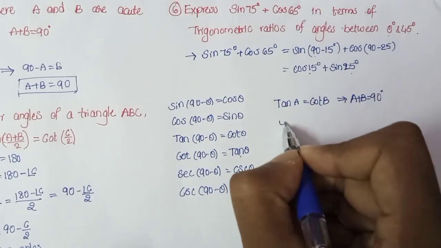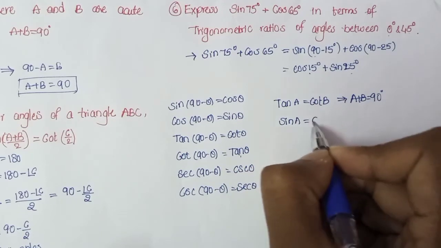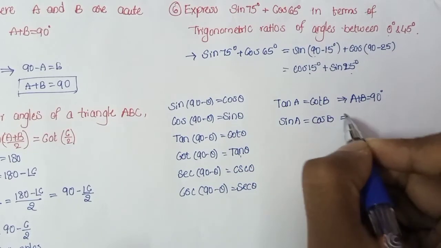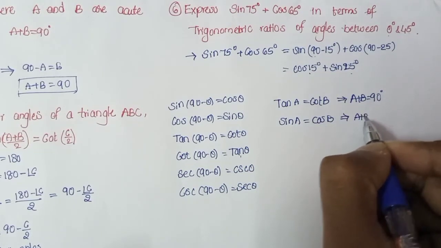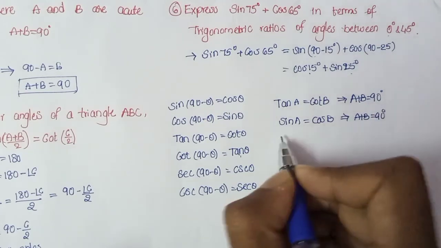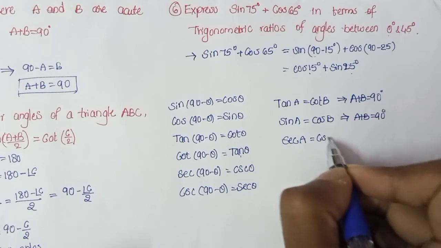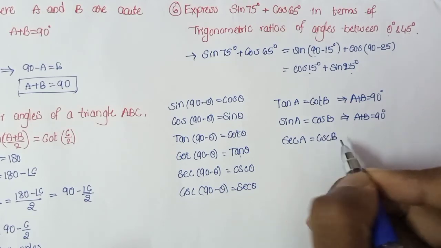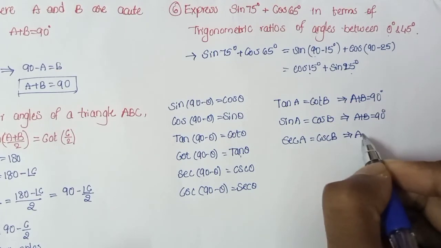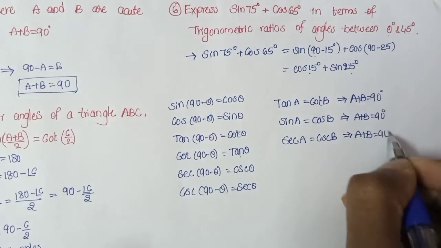Similarly, if sin A is equal to cos B, then A plus B is equal to 90 degrees. Similarly, if sec A is equal to cosec B, then also A plus B is equal to 90 degrees.